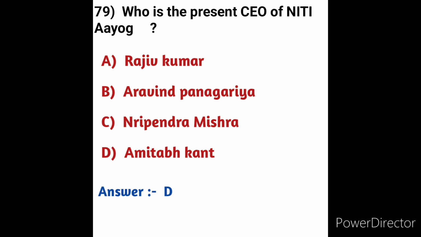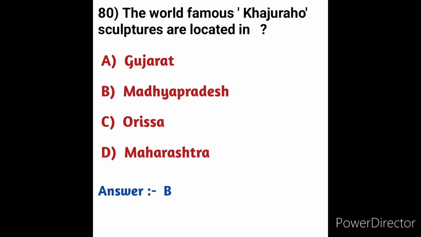Next, move on to question number 80. The world famous Khajuraho sculptures are located in Madhya Pradesh. Option A Gujarat, option B Madhya Pradesh, option C Orissa and option D Maharashtra. Option B is the correct answer, Madhya Pradesh.